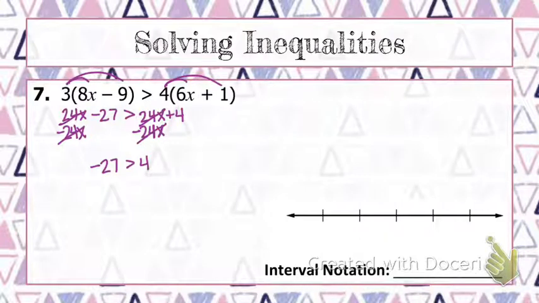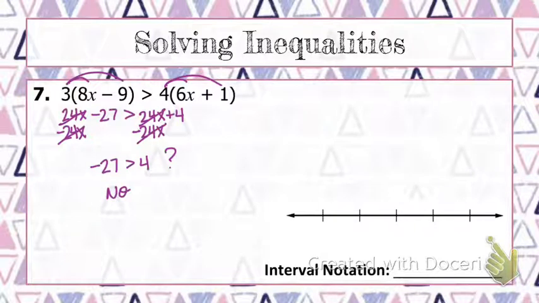So our variables disappeared completely. So we have to ask ourselves, is this statement true? Is negative 27 greater than 4? And the answer is no, it's not.